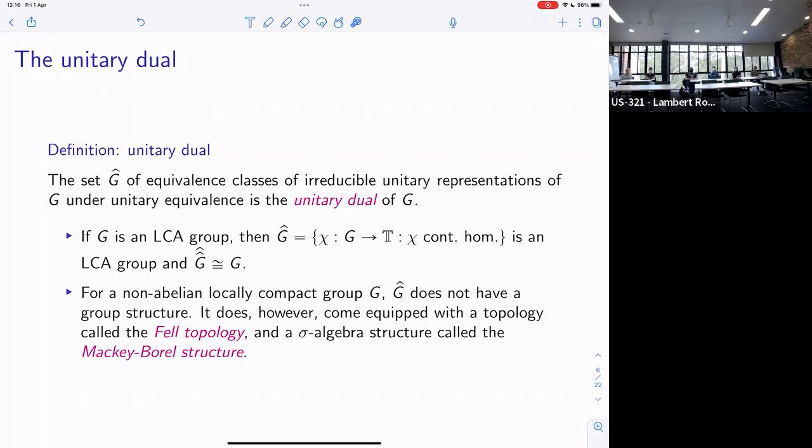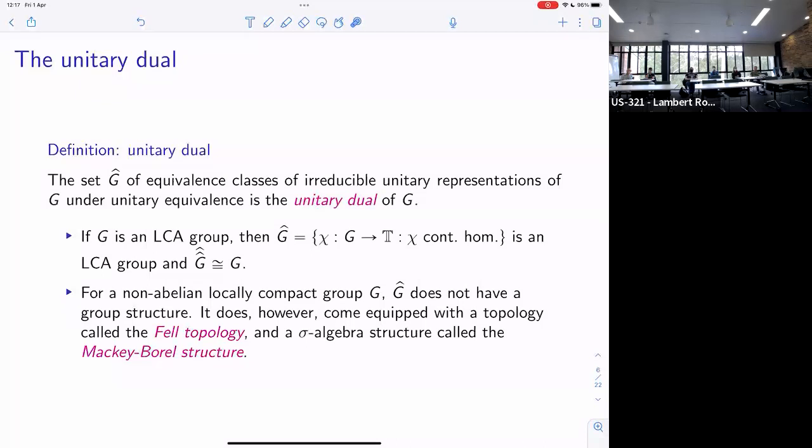And so when G is a locally compact abelian group, all its irreducible unitary representations are one-dimensional. So they act on a copy of the complex numbers. And in particular, because they're unitary, they are just continuous homomorphisms of our group into the torus.